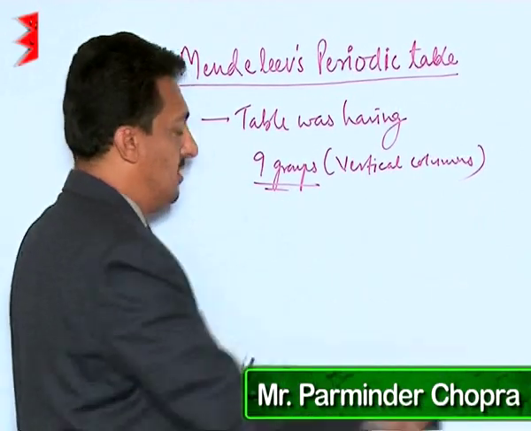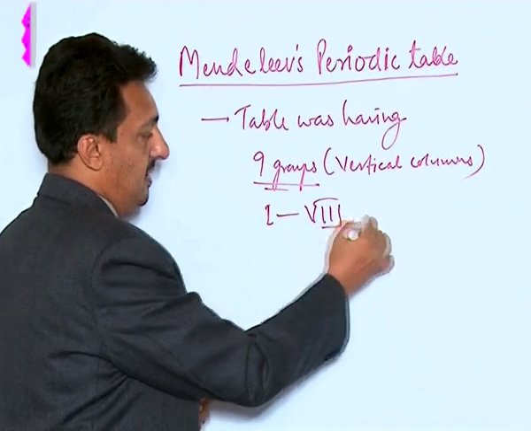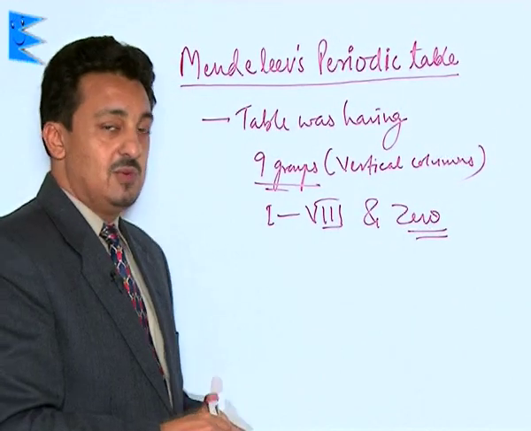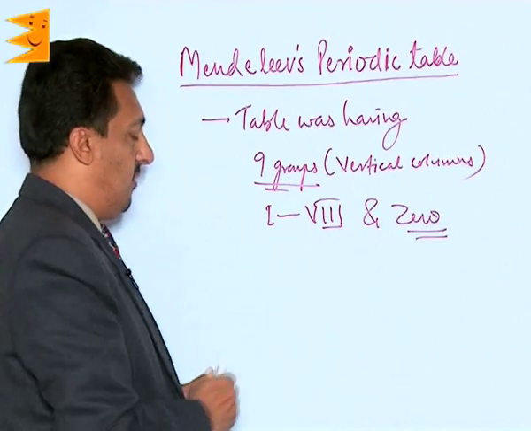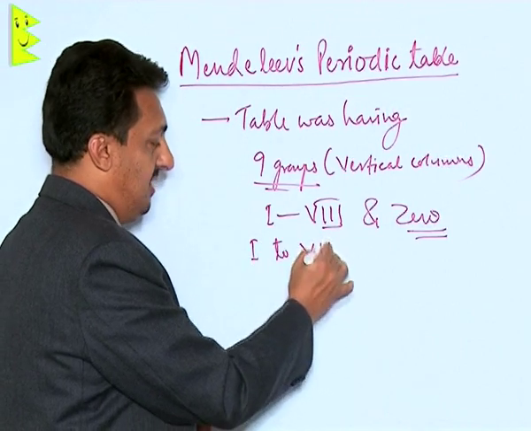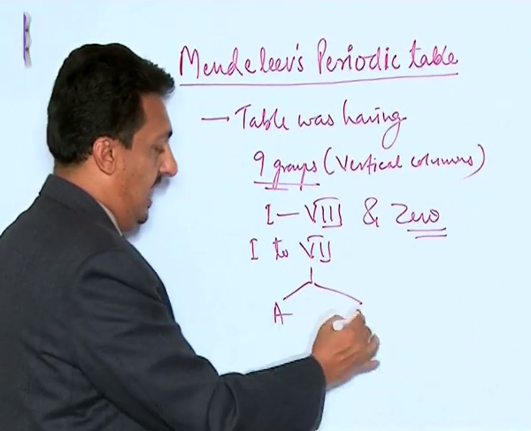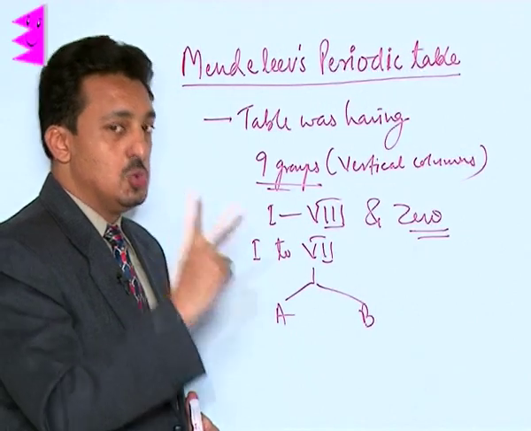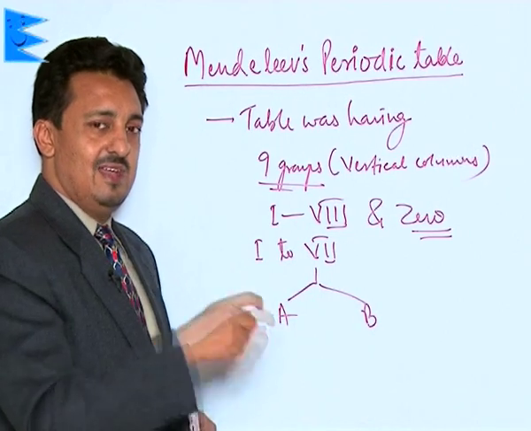Now his 9 groups were classified from 1 to 8, and the last one was called 0, which was supposed to include the noble gases, which were not discovered by that time. All his groups from 1 to 7 were divided into 2 subgroups, A and B. So each group had 2 subgroups, 1A, 1B, 2A, 2B, 3A, 3B, and so on.